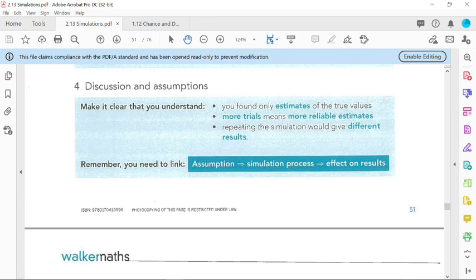Then you're going to do some assumption that you made or assumptions that you made. You're all going to have these 3 pieces here, but then you're going to have some assumption. Some experiments will lead to more assumptions than others, right? Like the U one, the lambs. We knew that we were going to keep those. He may not keep those sheep for 6 years for some other reason, right?